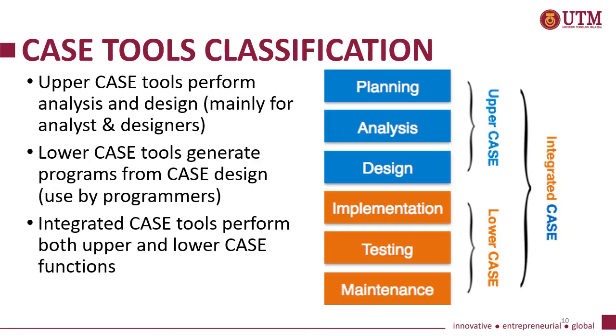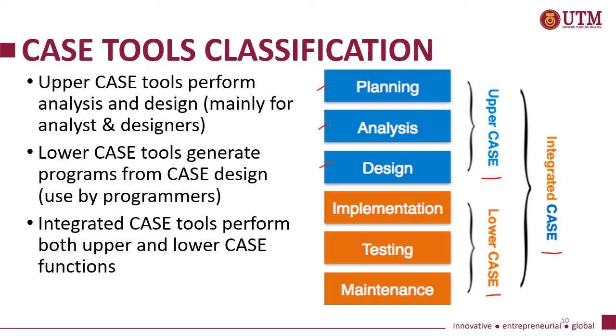This figure shows the CASE tools classification. We have 2 main types. The first one is the upper CASE. The second one is the lower CASE. And both of them together are called integrated CASE. In the upper CASE, we have planning, analysis, and design.